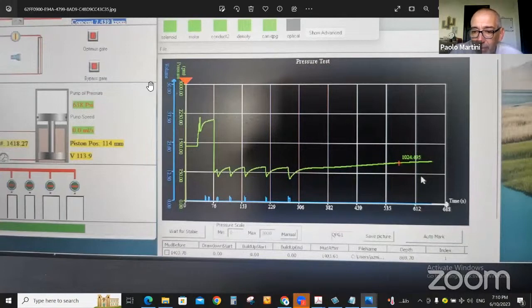And then the pressure, as you can see, at about 350 seconds seems to stabilize. And then after 380 seconds, it starts growing again. It's a very steady growth. It slows down a little bit towards the end, but I think that this is a lost seal.